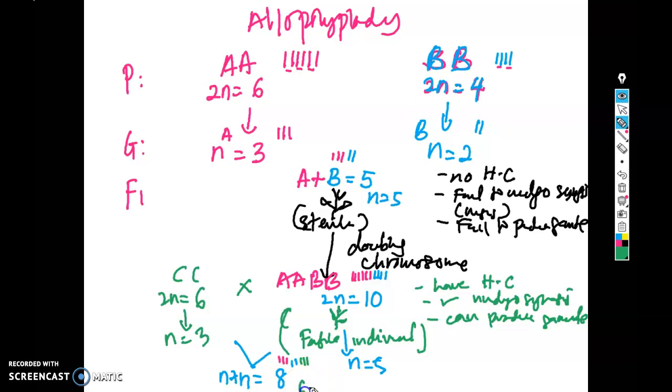This is considered a sterile individual. To form fertile individuals, they have to undergo chromosome doubling again. Okay, that's all.